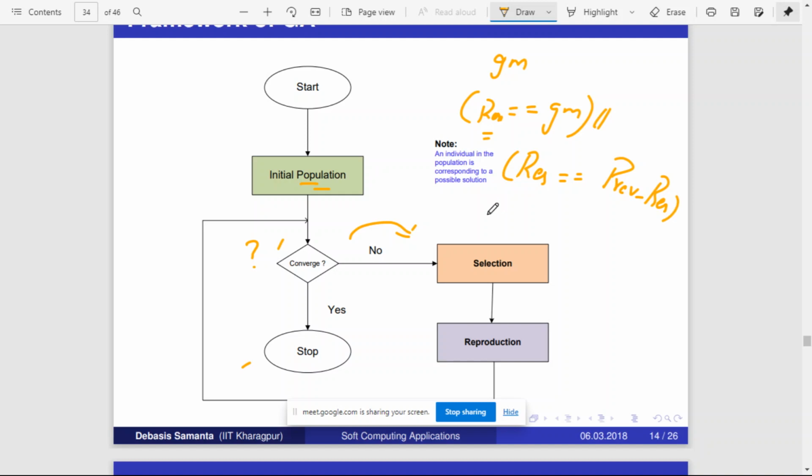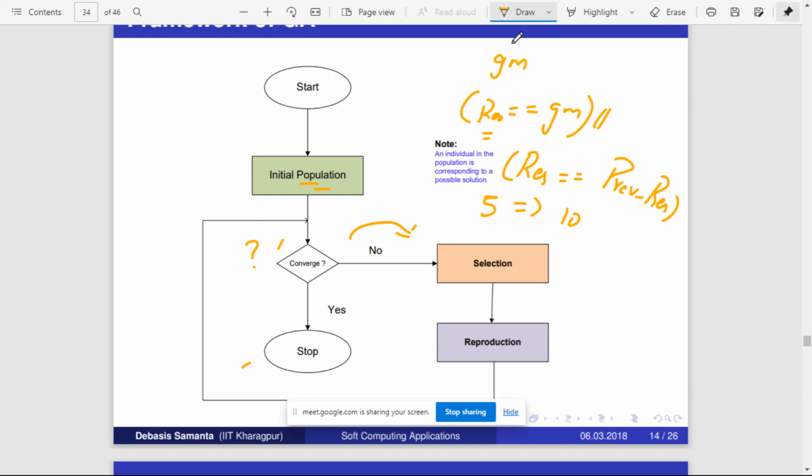That is, in the previous round I got the same output, and in this round also I am getting the same output, so there is no improvement. How many rounds will I allow? You may keep some threshold, say last 5 rounds or last 10 rounds with no improvement and the same output. Then there is no point in continuing further, so you can converge, because this is the best the algorithm can do.